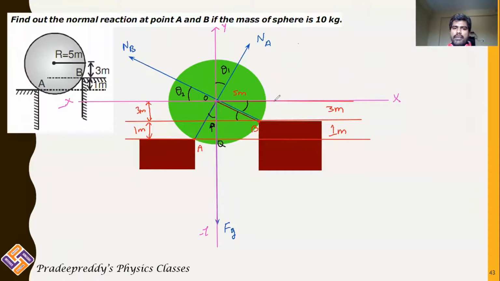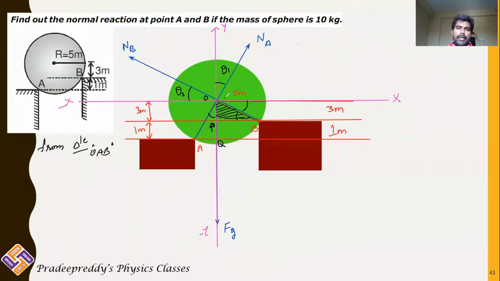That is the reason why first I will find these angles theta 1 and theta 2 using these triangles. Now check it up from triangle OAB. I am marking OAB here.